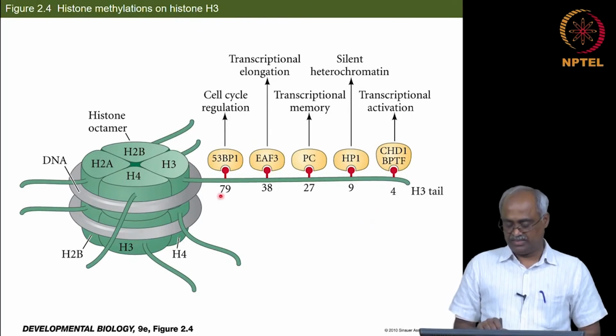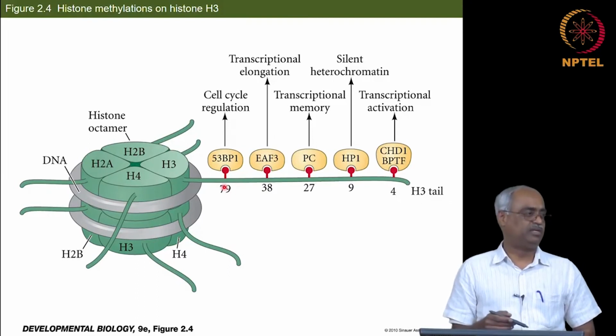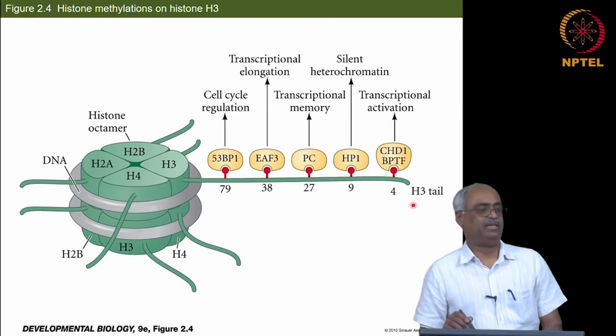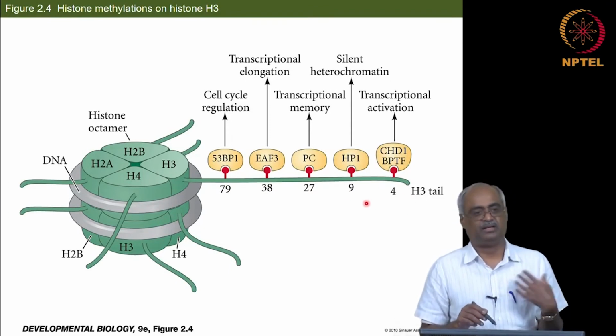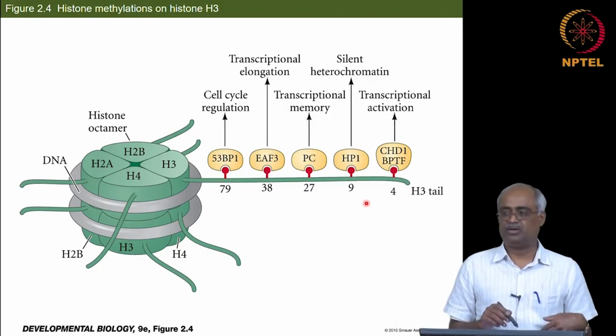These numbers 79, 38, 27, 9, 4 etc. refer to lysine residues in H3 starting from its N terminus to C terminus. So, depending on which of these lysines are methylated and whether the overall chromatin is acetylated or not determines whether it is going to be active or not.